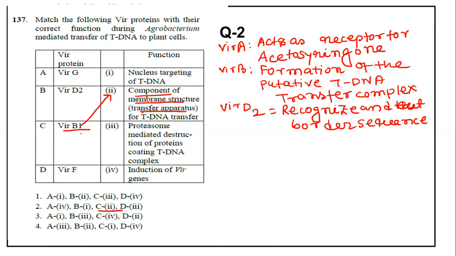Now in case of D, VD2 recognizes the tDNA border sequence, right? VD2 is actually responsible for nucleus targeting of tDNA. VD2 acts as an NLS signal.